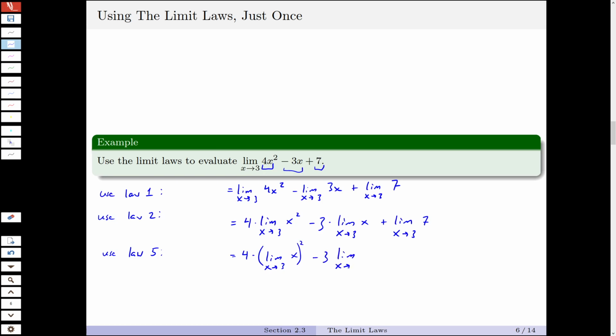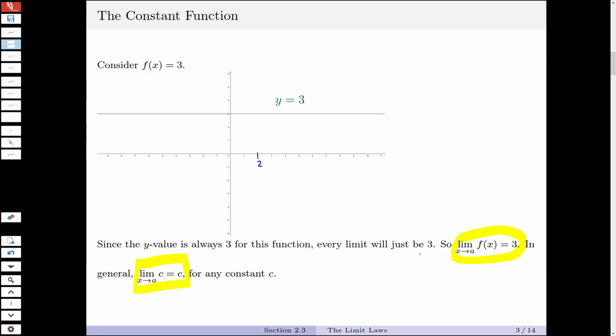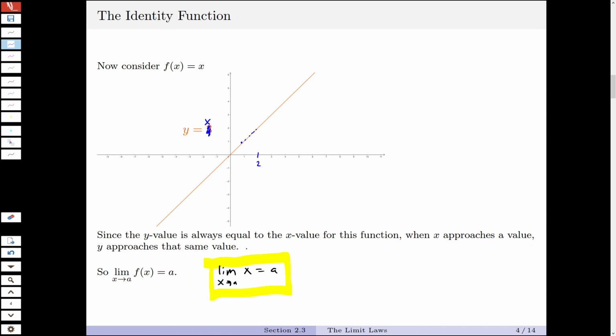That's a minor difference between the rule before it, but this now leaves me with only limits of the function x and limits of a constant. So I'm going to go back now to these two functions that we figured out. The limit of a constant is that constant, and the limit as x approaches a of x is just that number a.